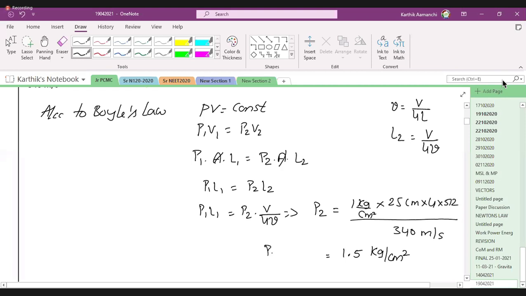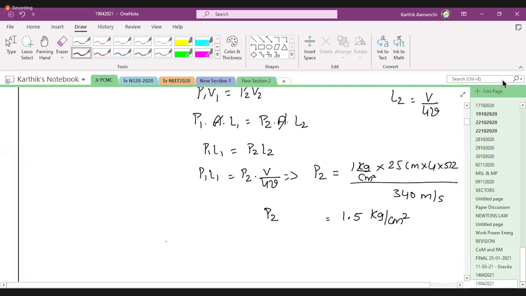So this is your P2. We require force, no? We know force is equal to pressure into area, isn't it? Pressure is nothing but delta pressure into area. So it is P2 minus P1 into area. How much is it? 1.5 kg weight, right? Yes.